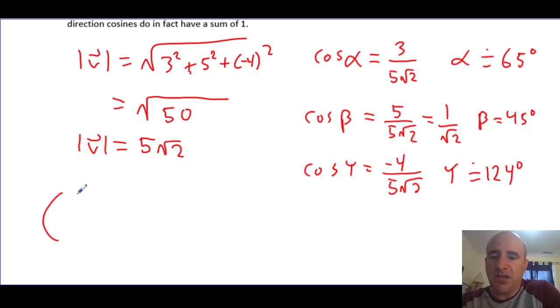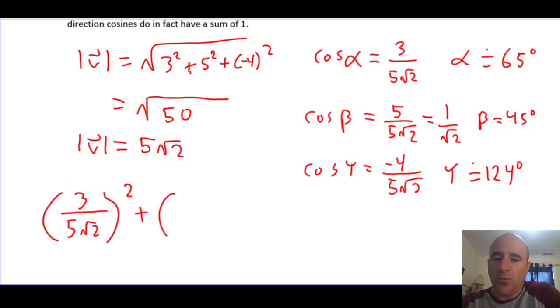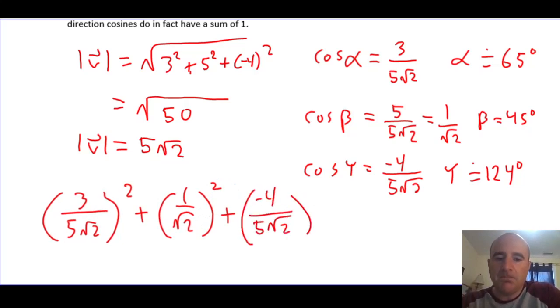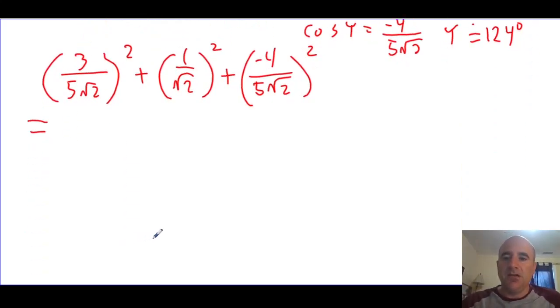So I have 3 over 5 root 2 squared plus 1 over root 2 squared plus negative 4 over 5 root 2 squared. And what do I get when I figure that out? Well, 3 squared is 9. 5 root 2 squared is, well, root 2 squared is 2 times 25 is 50.